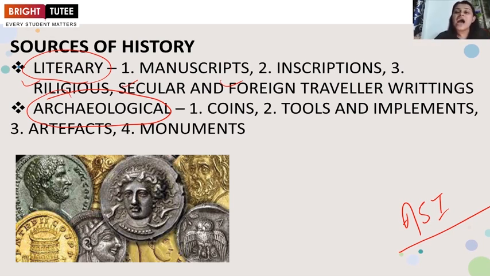Now when we look into the archaeological source, what are the archaeological sources? Archaeological sources are something which refer to material evidences, which I just told you, like any object, any monument. First of all, one thing I would like to clear here, that every building, even one made a few years back, is not a monument.